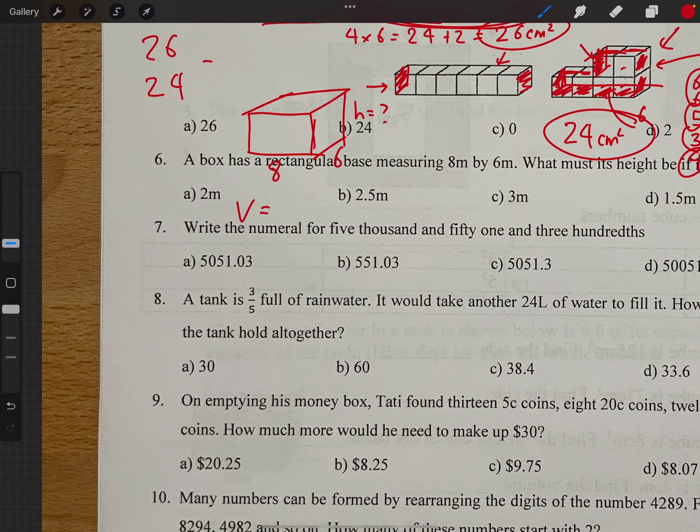Forget it. So this is a water tank. Imagine it's not exactly proportional, but imagine that it is. Now, it is 3/5 full. So imagine if I divide this into 5 pieces. 1, 2, 3.